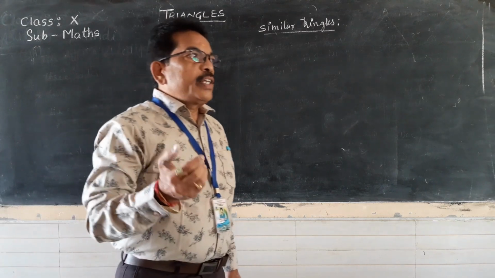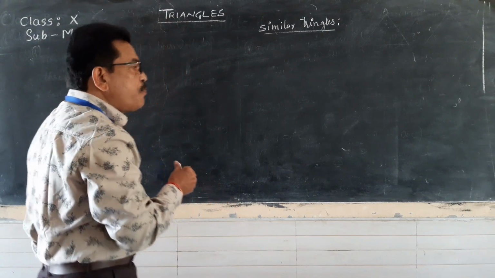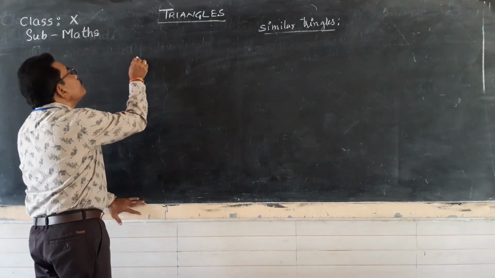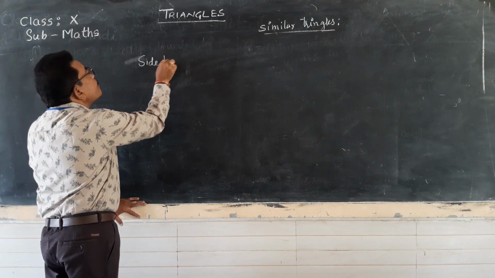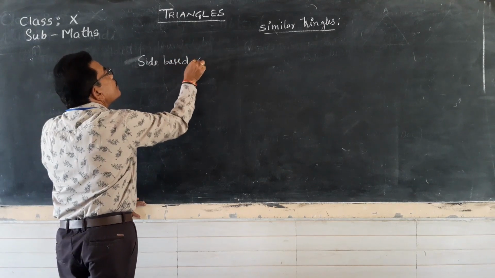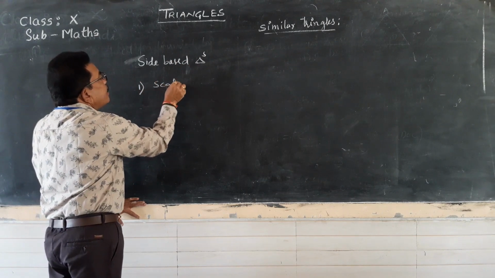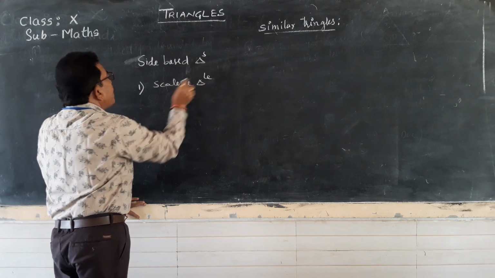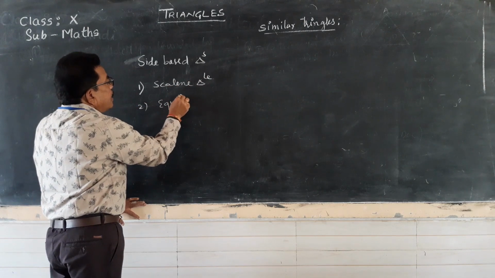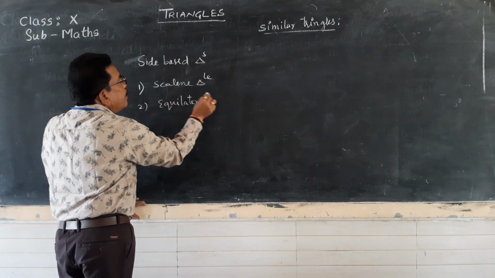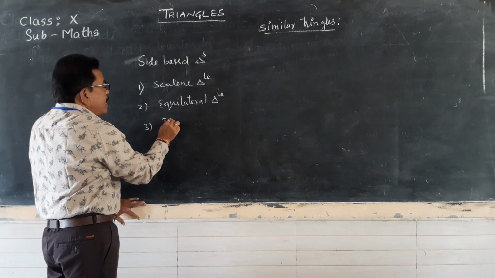Okay, now let us discuss the types of triangles which are classified on the basis of the sides. The first one is scalene. The second one is equilateral. The third one is isosceles.